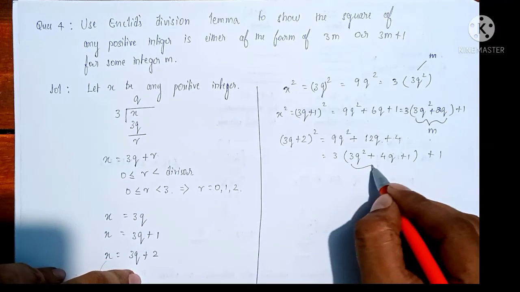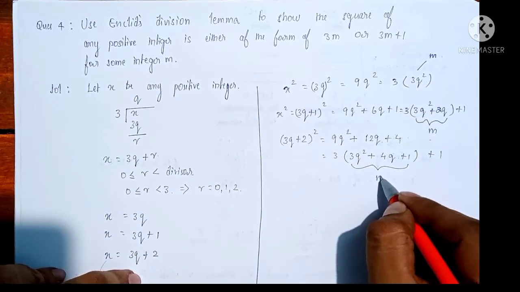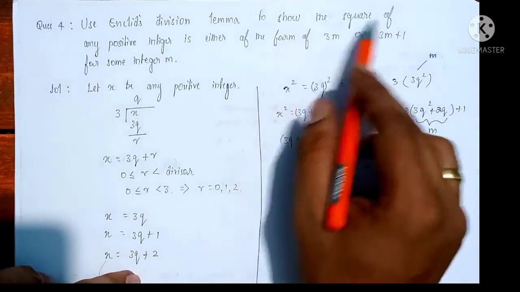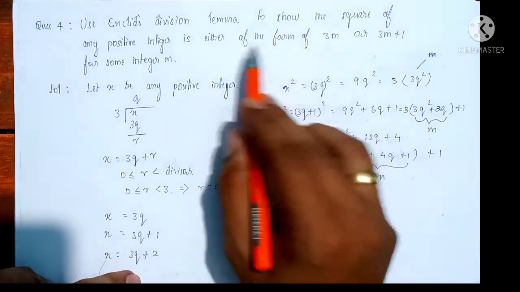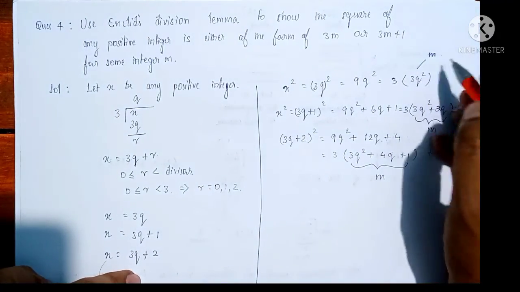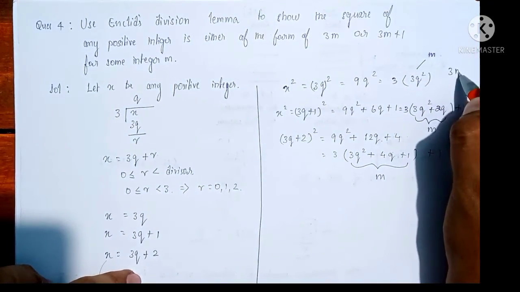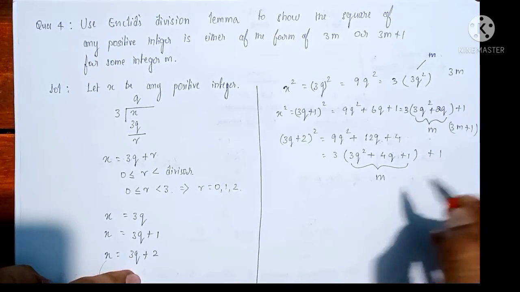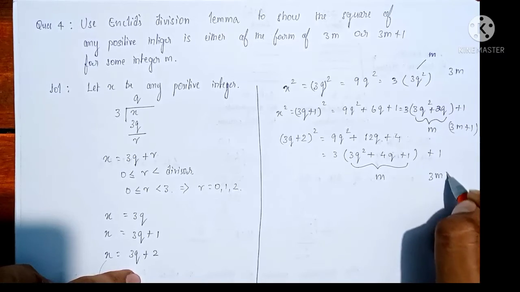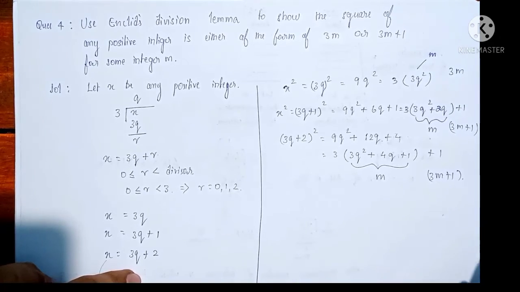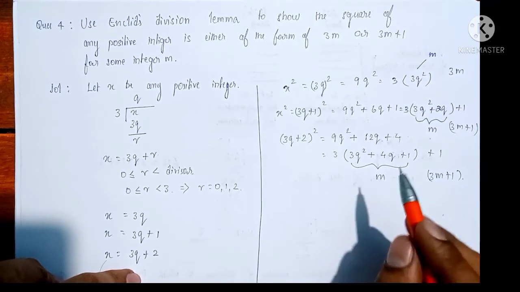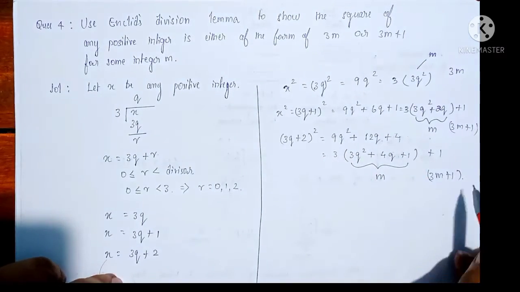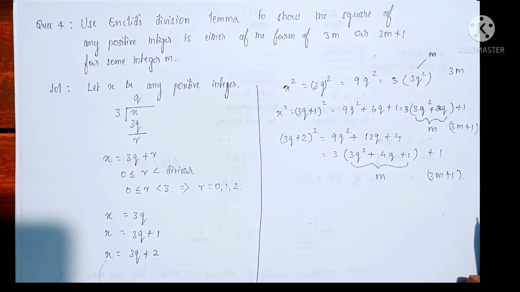So we have proved the square of any positive integer is either in the form of 3m, 3m plus 1, or 3m plus 1. The square of any positive integer is either in the form of 3m or 3m plus 1 for some integer m. Clear?